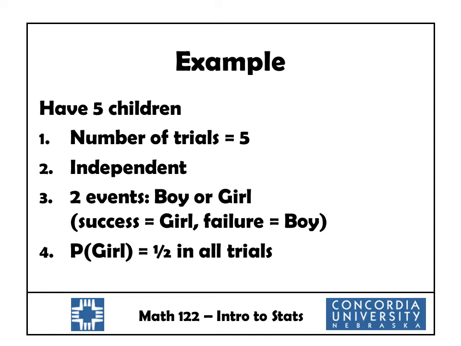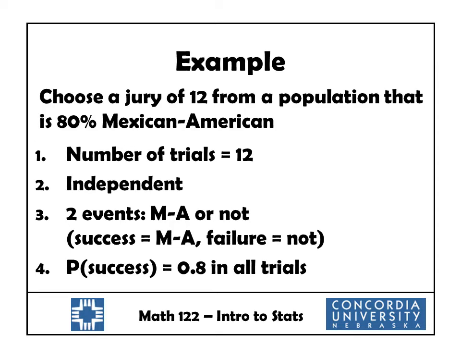And then fourth, the probability of a success or the probability of a girl is 1/2 in all trials. So what this illustrates is that the number of girls in these 5 children would be a binomial random variable, or state another way, we can use a binomial distribution to describe probabilities in this example.